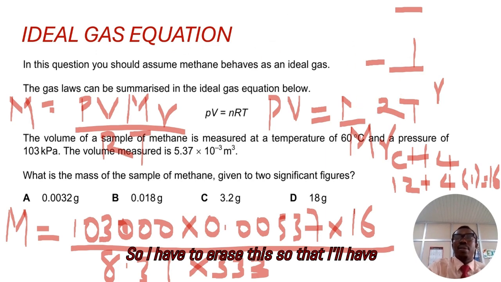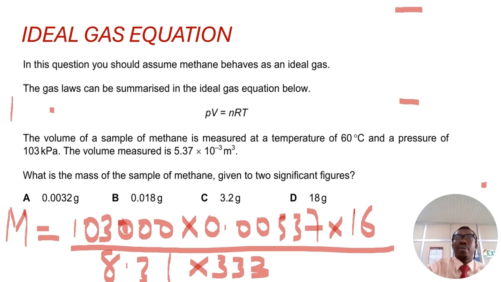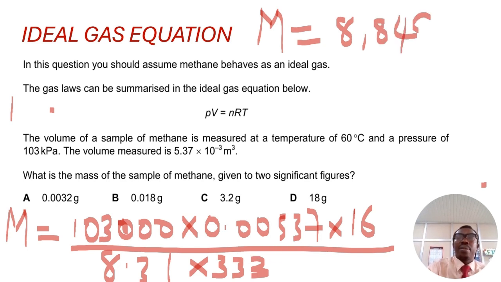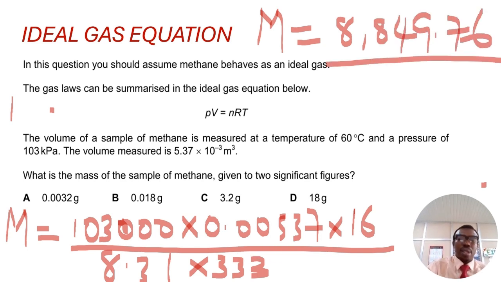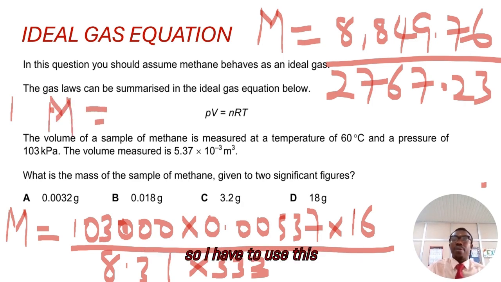So for the mass now you have 8,849.76 divided by 8.31 multiplied by 333. So you have 2767.23.